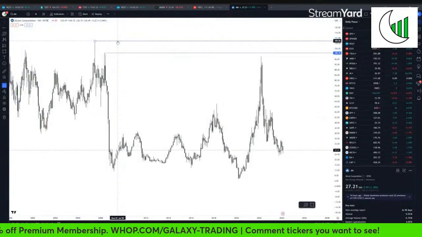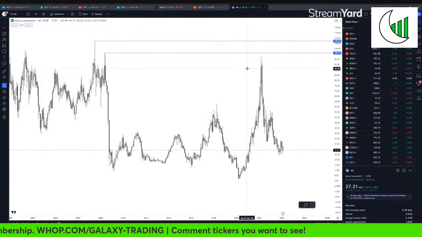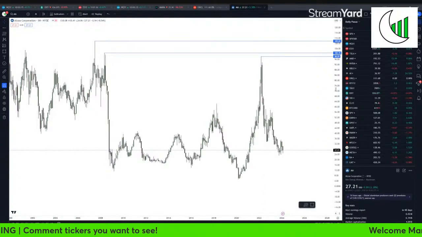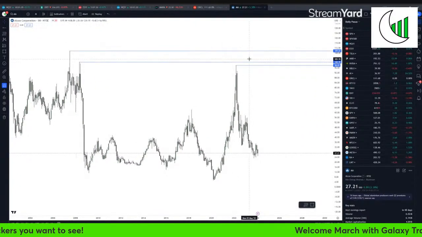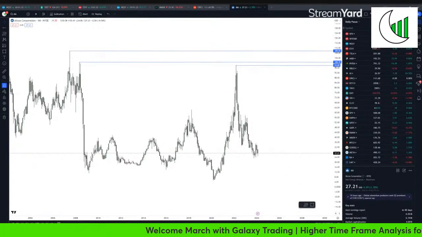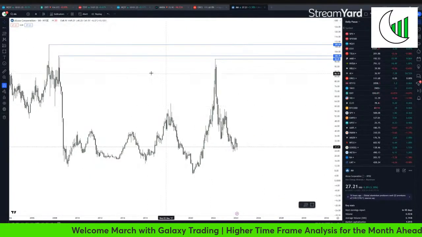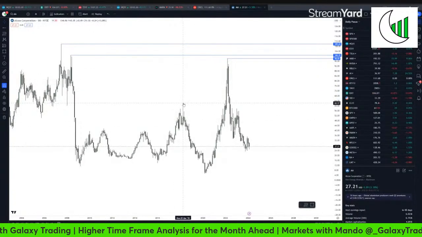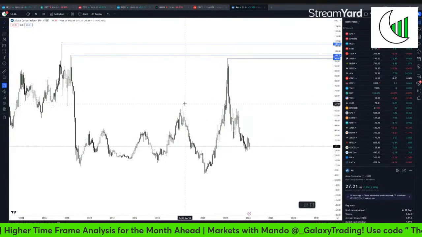CE, or 50% of the wick rejection right there. But we also left this high here, right? All of those highs, to me, on a monthly time frame, I would consider relatively equal. It's really not all that much of a difference in terms of money. So with the sweep of this high here, not only do we see that market structure shift, which is great.